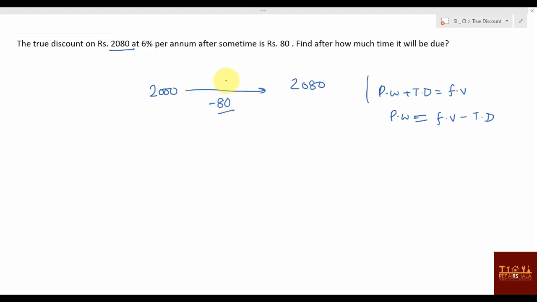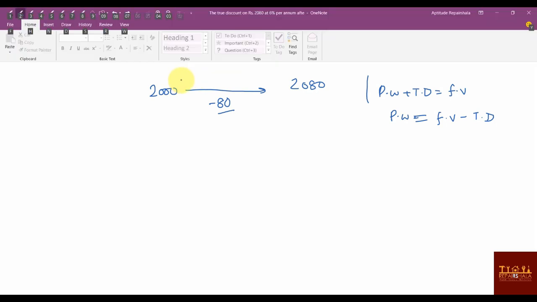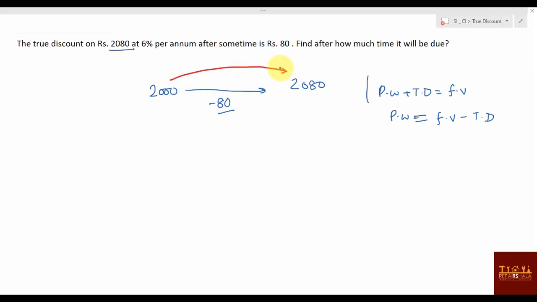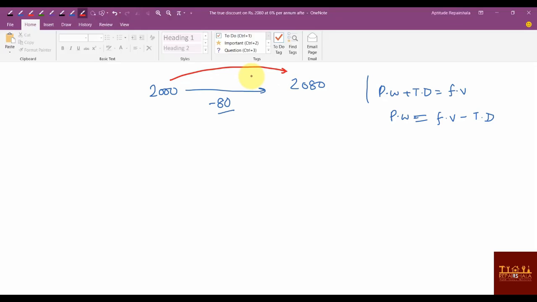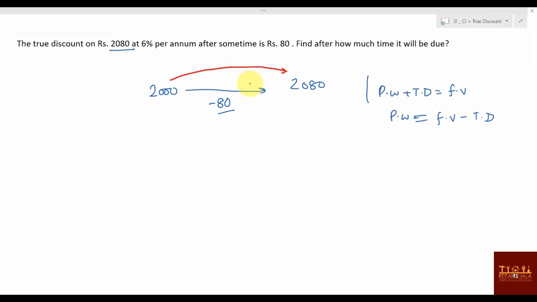Now this 6% is given. What they are asking is, find in how much time it will be due, meaning in how much time 2000 will become 2080. How will you find it?